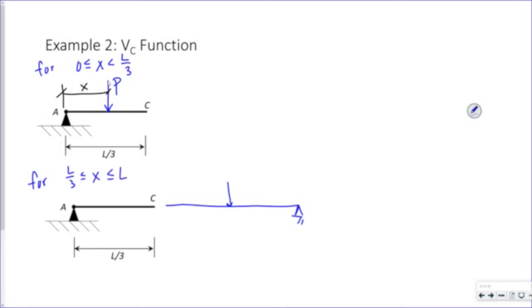It's somewhere to the right. I have my reaction at A and my shear at C, and my reaction at A and my shear at C.